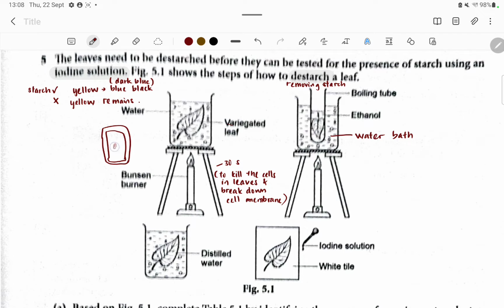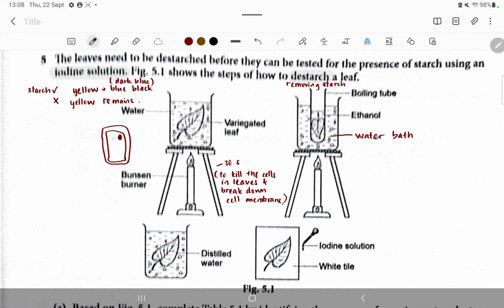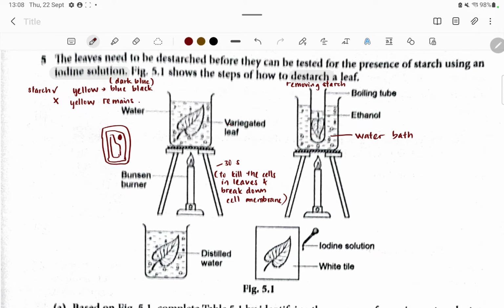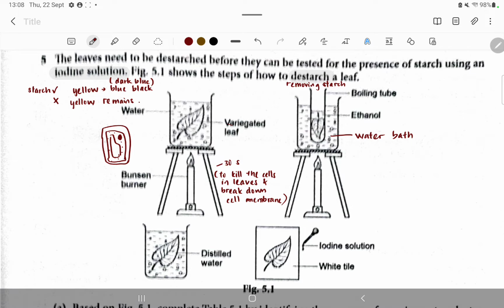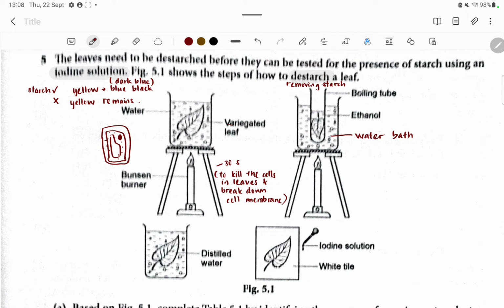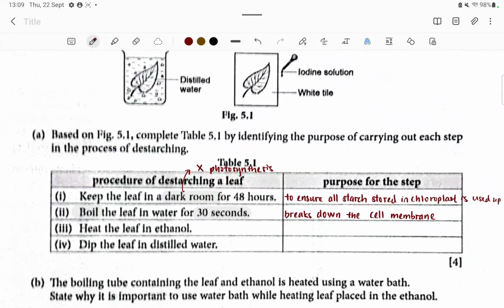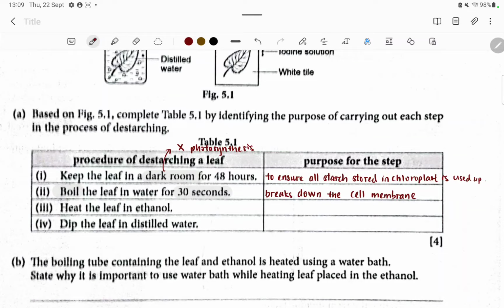Once they break the cell membrane, only then can the iodine solution pass through the cell membrane, move into the chloroplast and react with the starch. So this is why we have to boil the leaf, and then heat the leaf in ethanol.